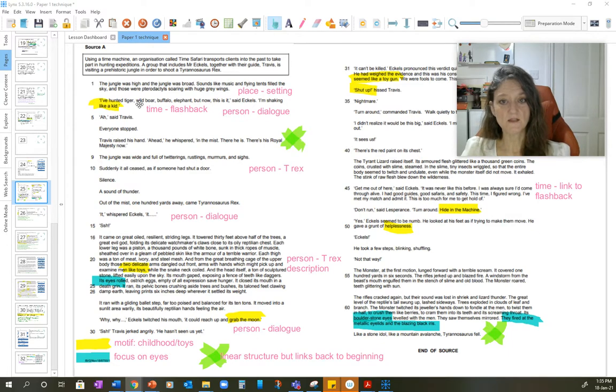So if you have a look at the yellow: like a kid, men like toys, grab the moon. It seemed like a toy gun. The way that Travis talks to him, shut up, said Travis. Go and hide in the machine. And Eccles' helplessness. What this is is a motif that's being developed, and the motif is childhood.